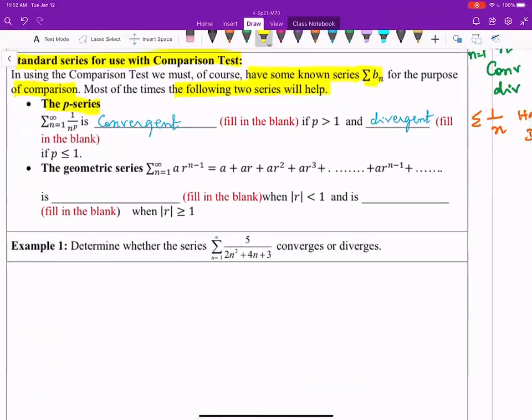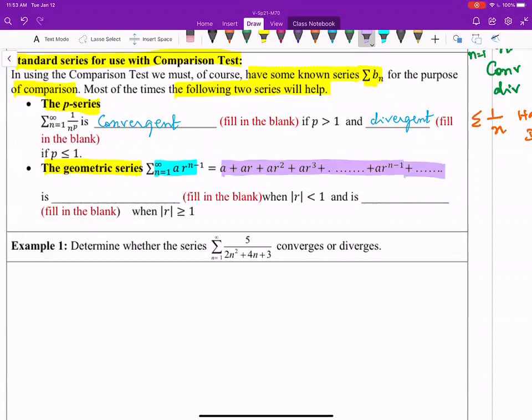The other well-known series is the geometric series, sigma a times r to the n minus 1. If you write it in the expanded form, it's a plus ar plus ar squared, etc., and it goes on as an infinite series.